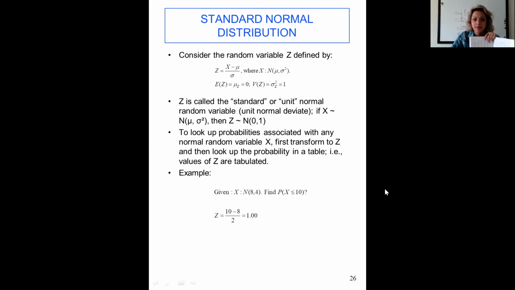Here the example is, let's say X is normally distributed with a mean of 8 and a variance of 4. We are looking for the probability of X less than or equal to 10.